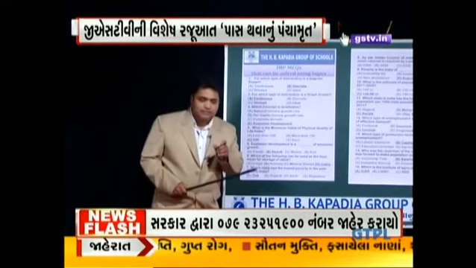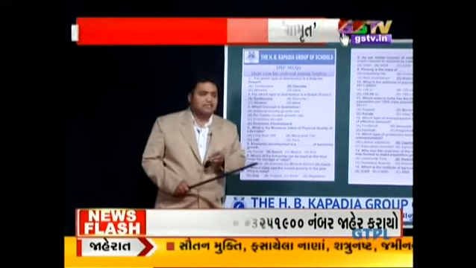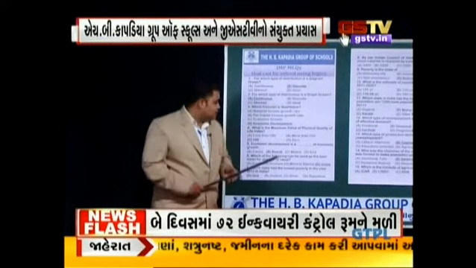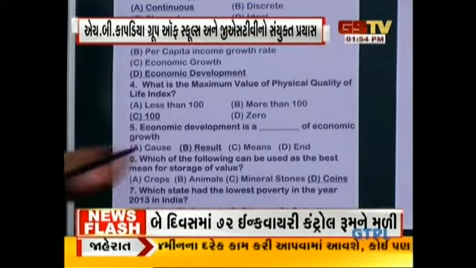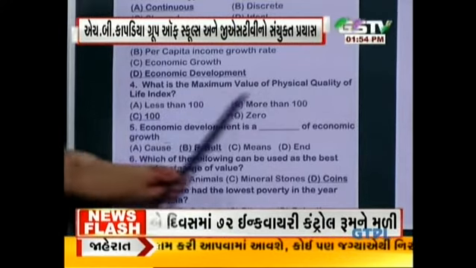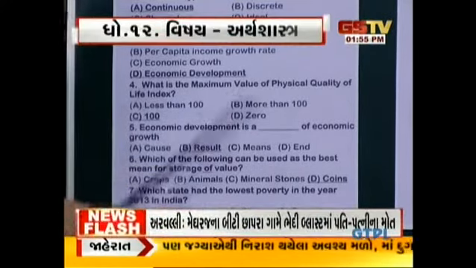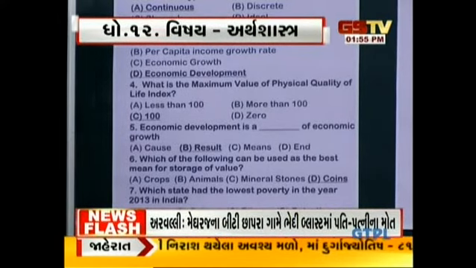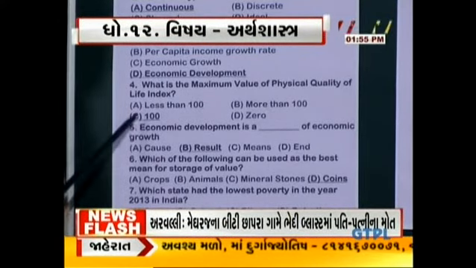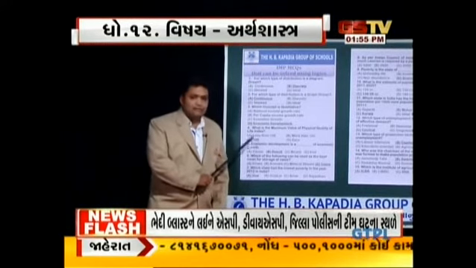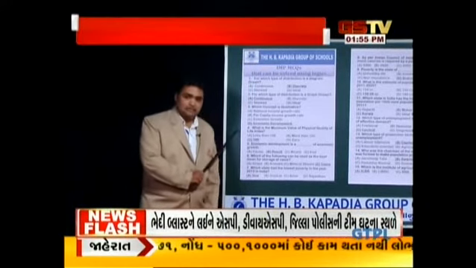That must be a perfect answer, like 100, 150, 200, something like this. See the D option, it is 0. Can we say the maximum value of PQLI may be 0? These three cannot be the answer. So even if I don't know the answer, I will mark 100. This can be my answer, and here it is my answer, right?